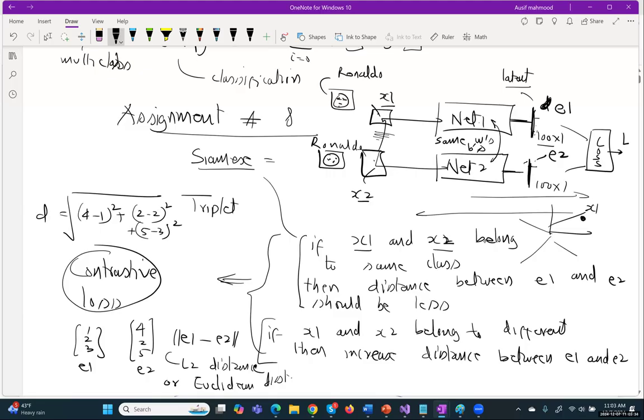If x2 belongs to the same category, meaning it's also a picture of Ronaldo, then what will happen? The distance of x2 will be very close, so x2 will also be over here. So the 2 Ronaldos' latent representations, as the network is trying to minimize the contrastive loss, are appearing very close to each other. So all Ronaldo's pictures will cluster like this.